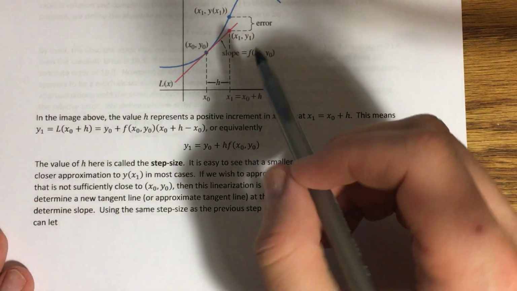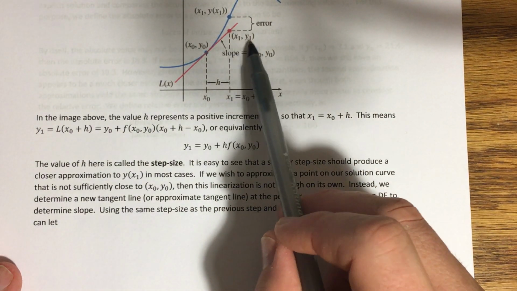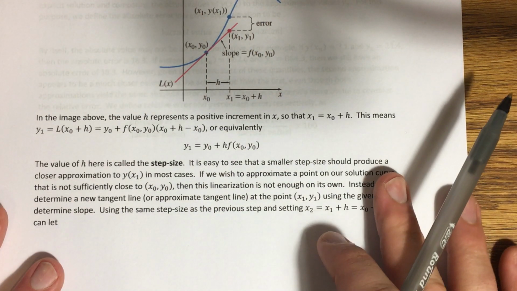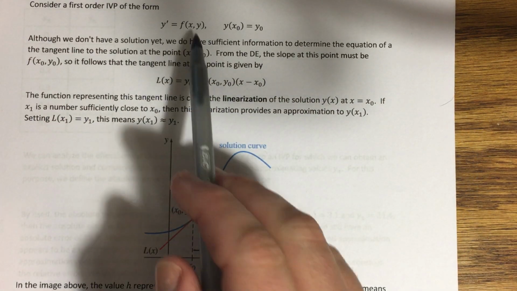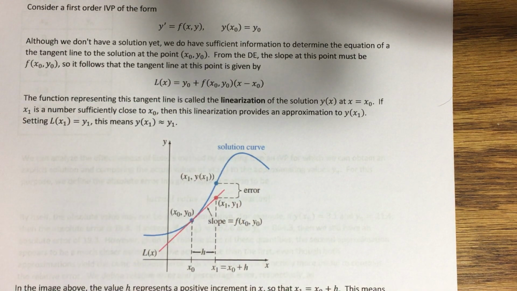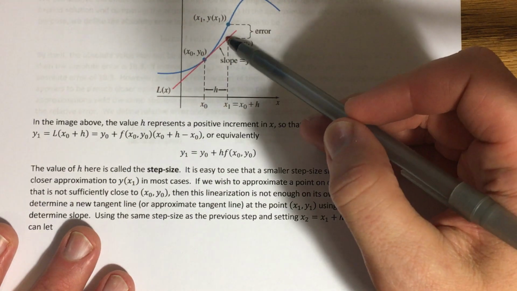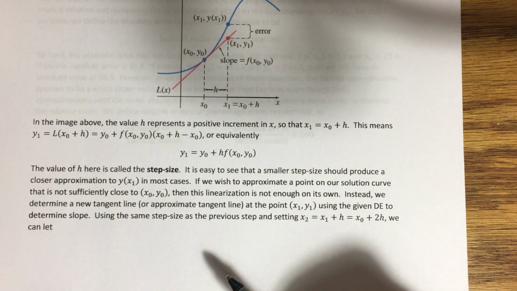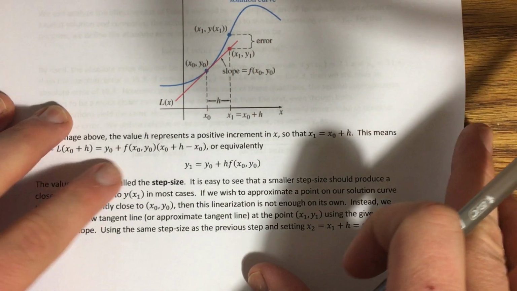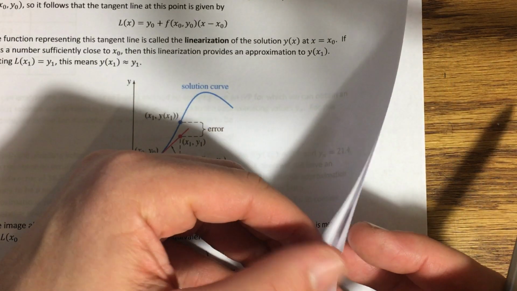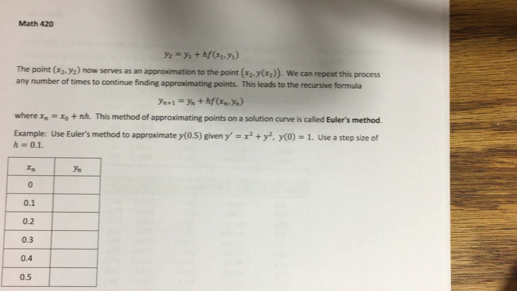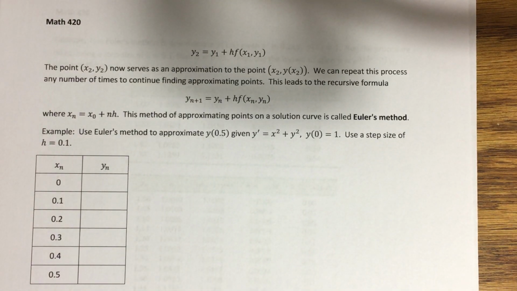And all we need to do with that is take x1, y1 as our new point, plug that in to our DE up here to get a new slope, and that generates a new linearization, or a new equation for a line that we can think of as a tangent line, even though it's no longer actually tangent to that curve.